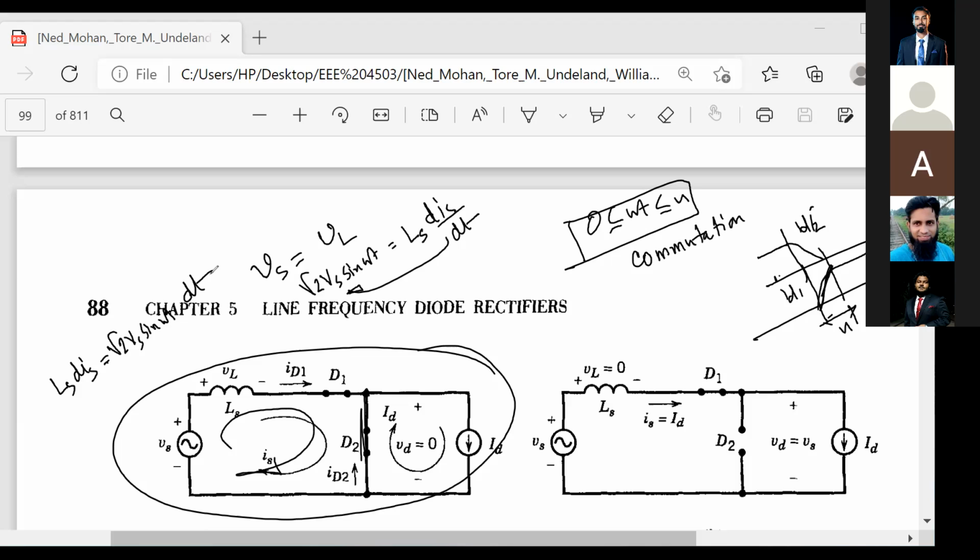Yes, sir. Can I multiply both sides by omega? Then root 2 Vs sine of omega t. If I put this omega inside, can I write it this way? d of omega t is nothing but omega dt. You got my point?